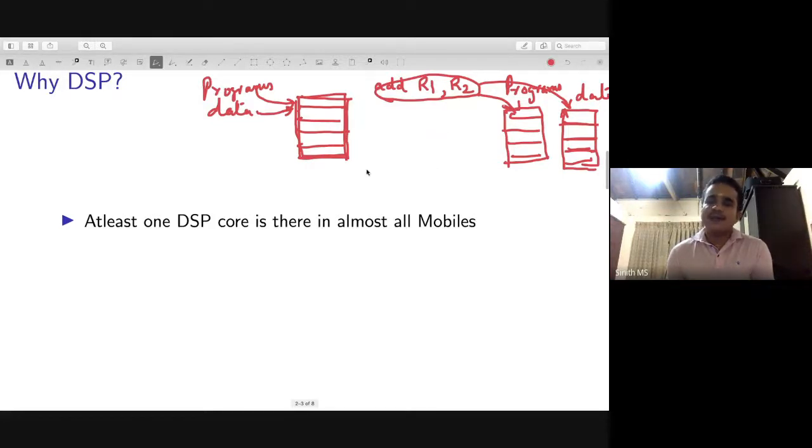The architectures corresponding to these are called von Neumann architecture and Harvard architecture. Normal processors have the von Neumann architecture, and this is the Harvard architecture, which is for DSP processors.